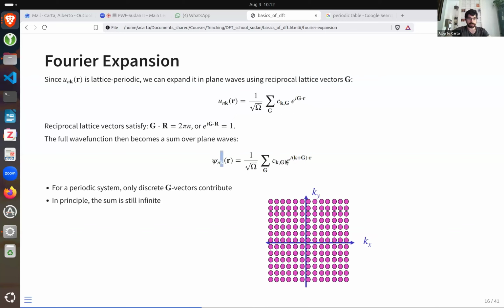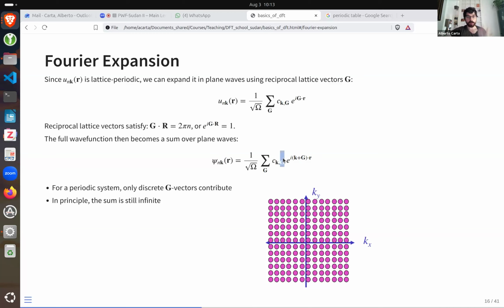So in any kind of crystal we can expand the wave function into a bunch of plane waves with coefficients that depend on two quantum numbers: the crystal momentum, the propagation vector, and the Fourier component of the modulation function.